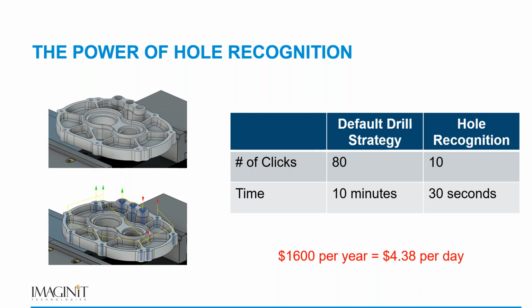So if you're going to be doing, let's say you're programming 10 parts in a day, if you're saving 10 minutes or so on each one, you can end up saving hours over the course of a day. And over the course of a year, that really adds up. So for a little over $4 a day, you can really save yourself a lot of time. So just something to think about.